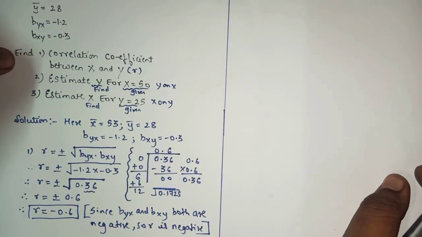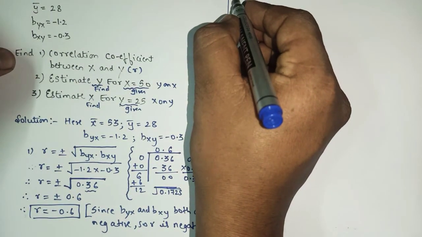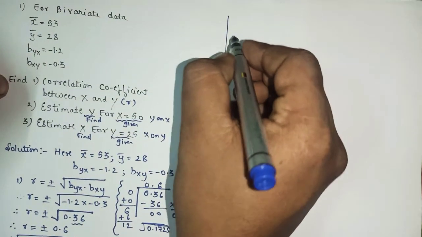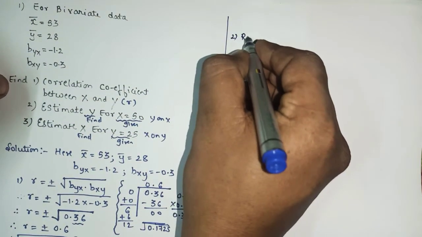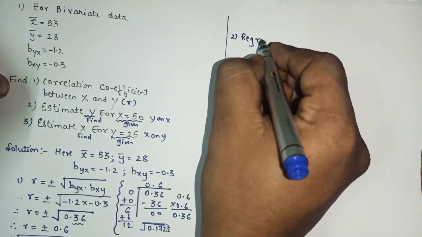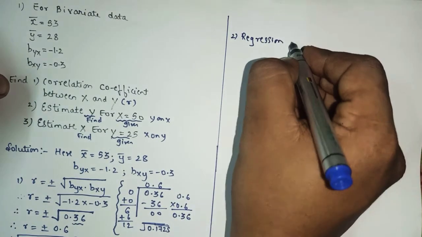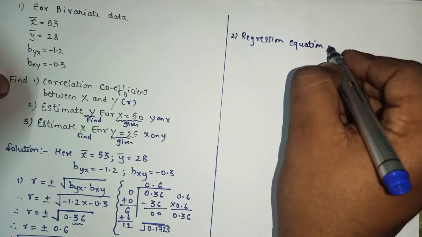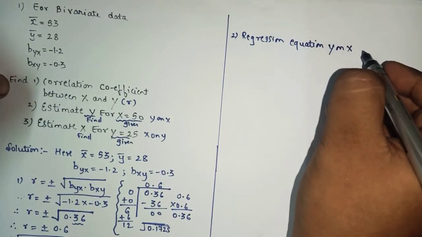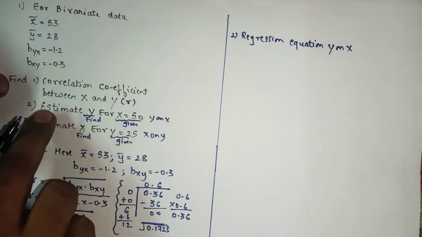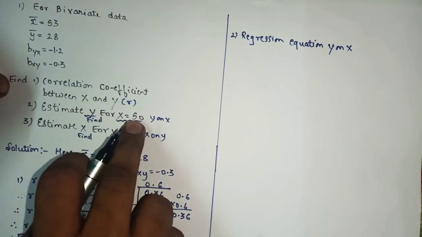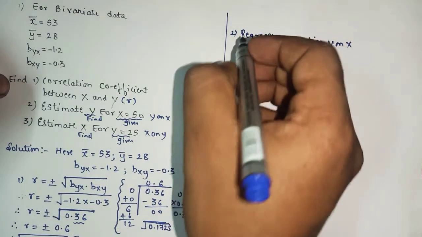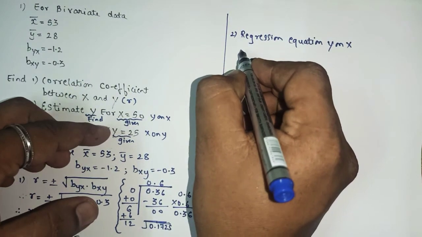That means we have to find the regression equation y on x. Yes or no? The meaning of estimate y for x equals 50 is that we use the regression equation y on x only. Yes or no?